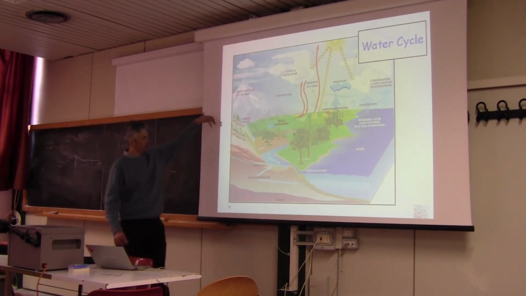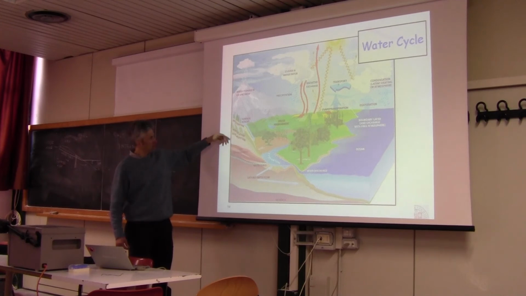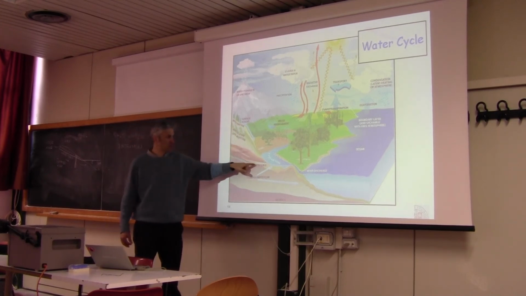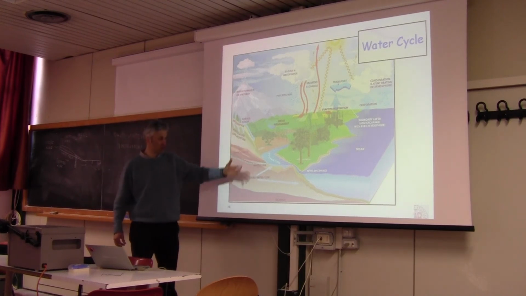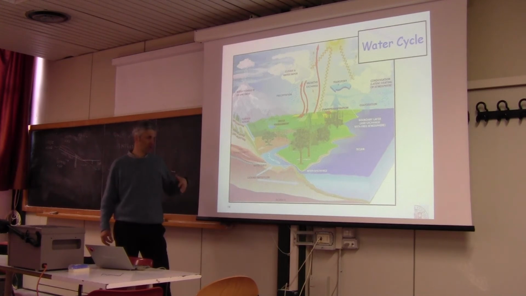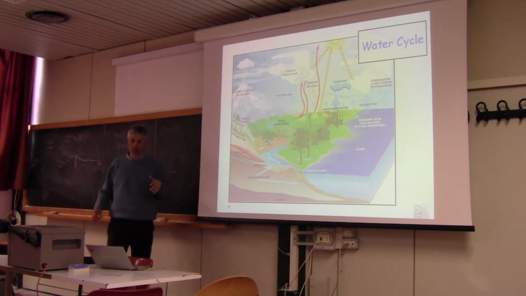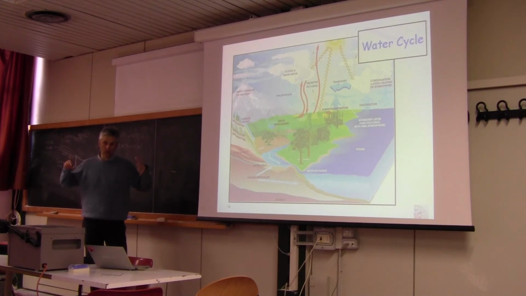Then we have some deep infiltration, which originates soil moisture and the presence of a water table. And then there is a groundwater flow. And also there is a component of deep percolation, which is not shown here, which means that a very reduced amount of water goes towards the Earth's interior and doesn't come back to light immediately.